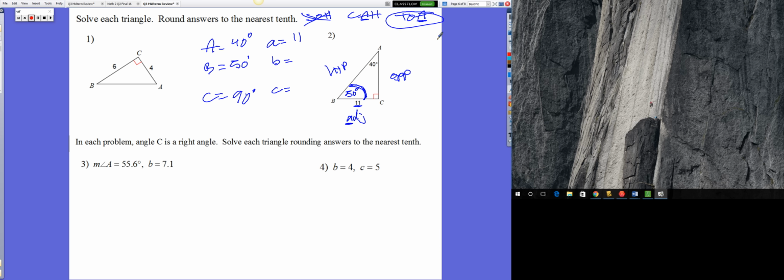We'll do tangent. So if you choose to do tangent, the equation is going to be tangent. You got to tell me where you're going from. You're going from the 50 degrees, and now set up the fraction. So tangent, the O needs to go on top. So the opposite goes on top. You don't know what that is, so call that x, and then adjacent goes on bottom.